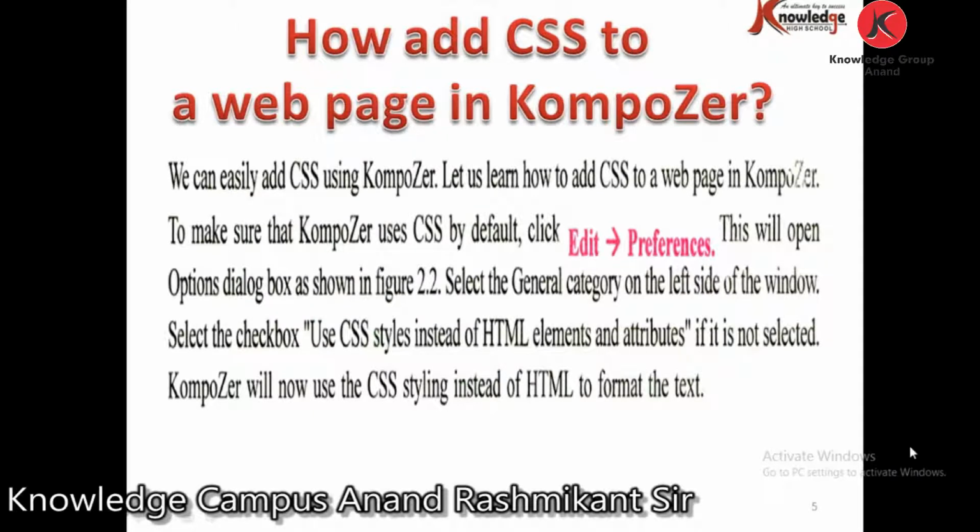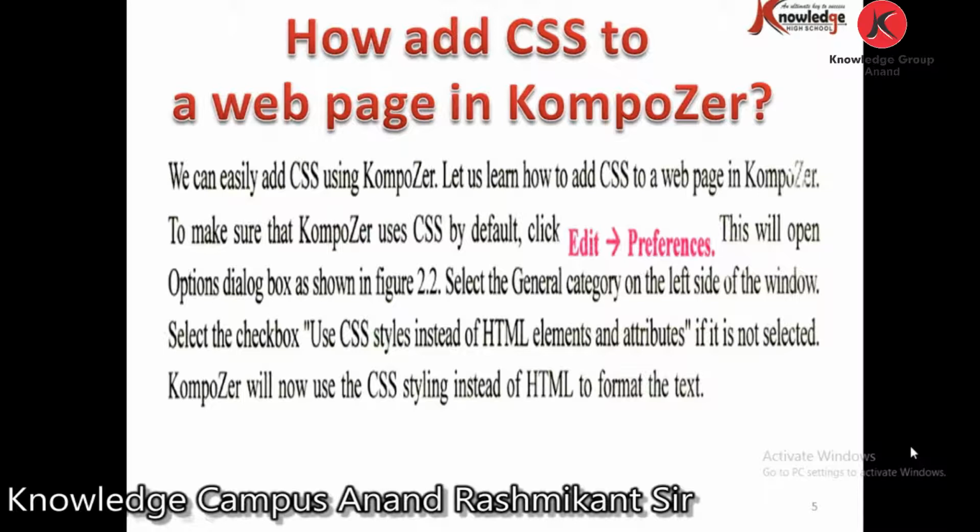So how do we add CSS to a web page in Composer? We can easily add CSS using Composer. Let us learn how to add CSS to a web page in Composer. To make sure that Composer uses CSS by default, click Edit and choose Preferences.